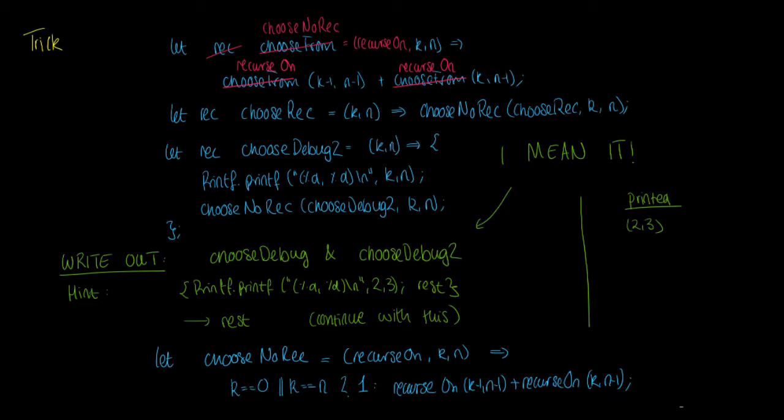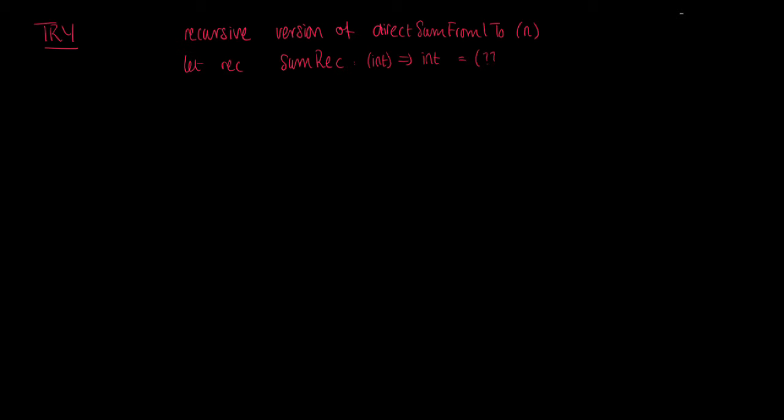Try using everything I have shown you to write a recursive version of direct sum from 1 to n. Like that function, this one should also have the same type, int to int. Then try writing a no-rec version of it. If you're feeling up to the challenge, there's an error in our choose_from function. It won't terminate on some inputs, which means the expression evaluation won't end, it will keep getting bigger and bigger.